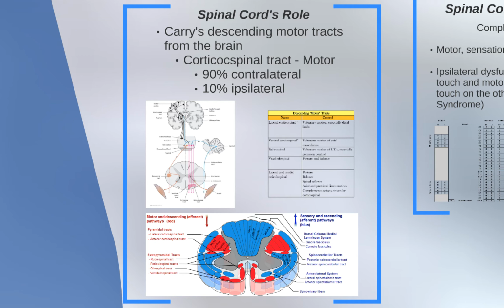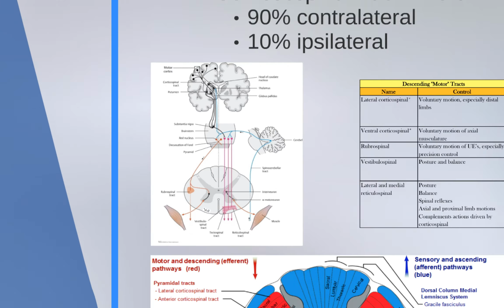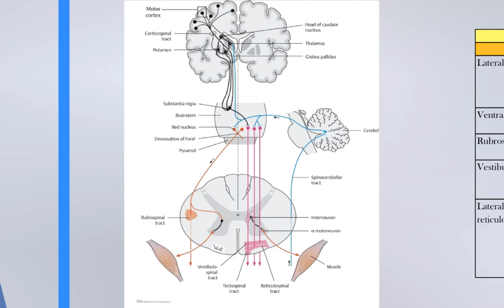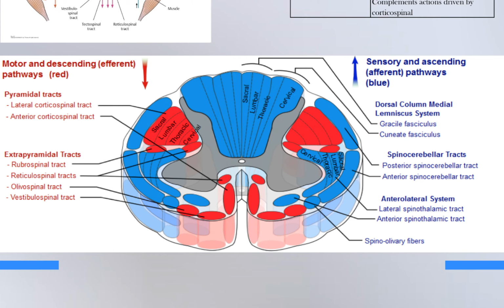90% of that information, it's important to note, is contralateral, but 10% stays ipsilateral. Thus, if you have a brain infarct to the left part of the brain, you'll have a right hemiplegia or hemiparesis. But it is important to note that 10% of that stays on the same side. So you may have some minor symptoms on the left side with the majority of your symptoms on the right.